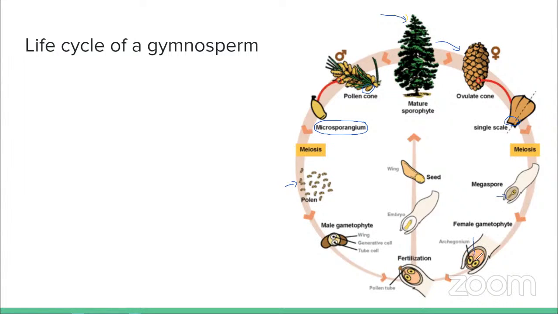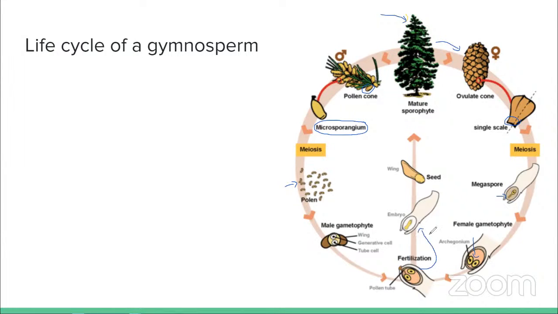That female gametophyte, we've seen this word before, archegonia. This is that female structure that's developing here, and this is what we consider basically the egg of our gymnosperm. This is where the fertilization is going to occur, at which point we're forming the plant embryo.